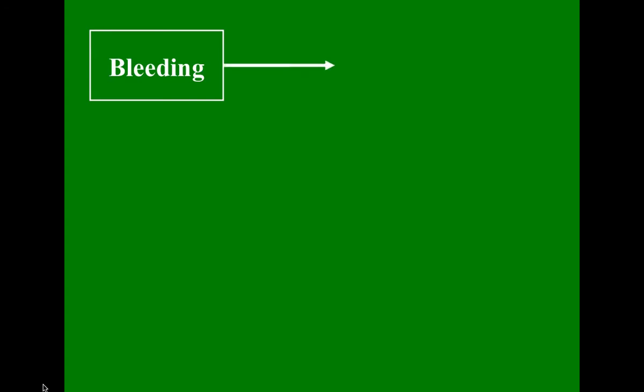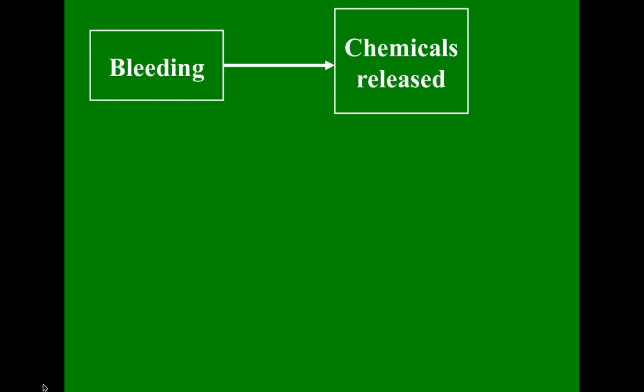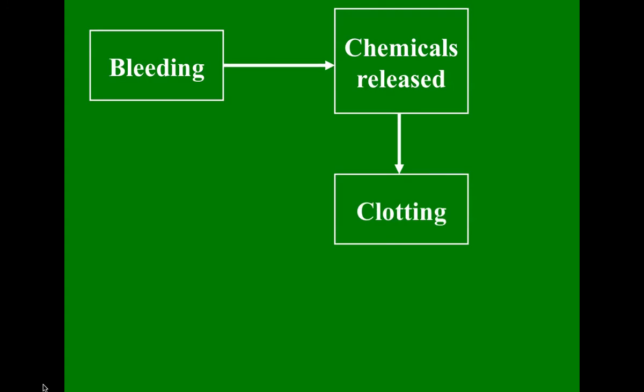So with blood clotting, we start obviously with bleeding. When we have bleeding occurring, we get certain chemicals that are released into the bloodstream that cause clotting to occur. As that clotting occurs, this is actually where the feedback happens.